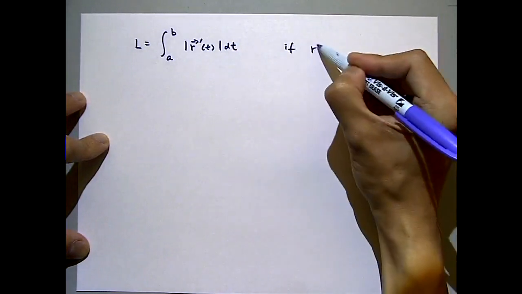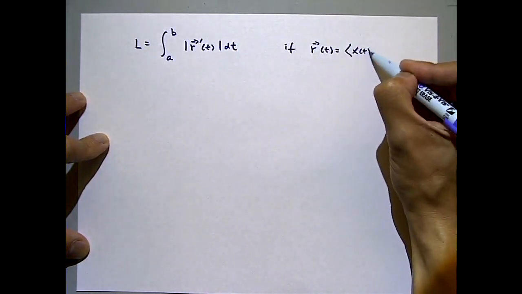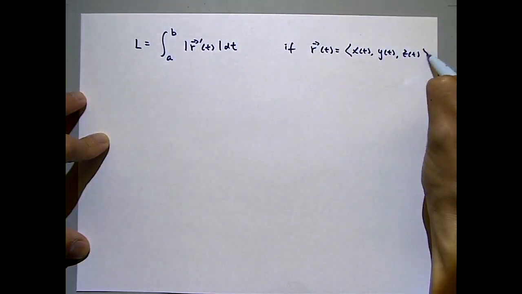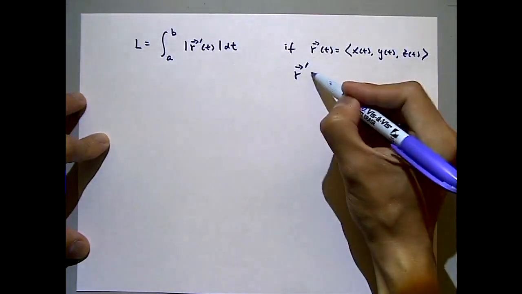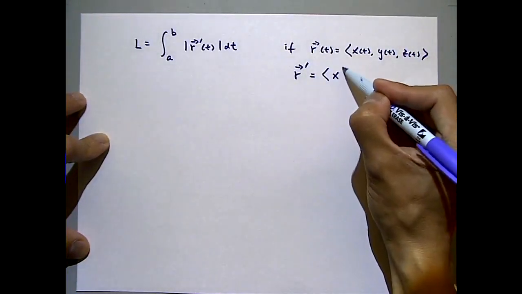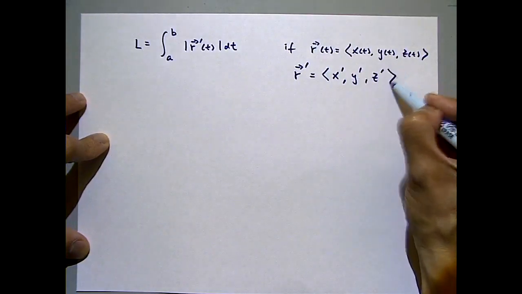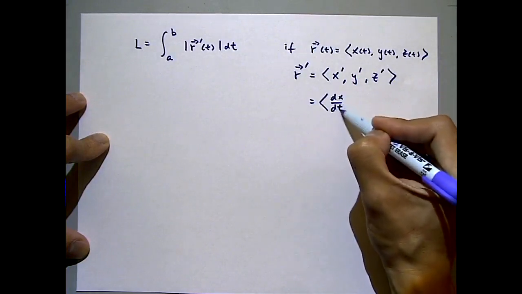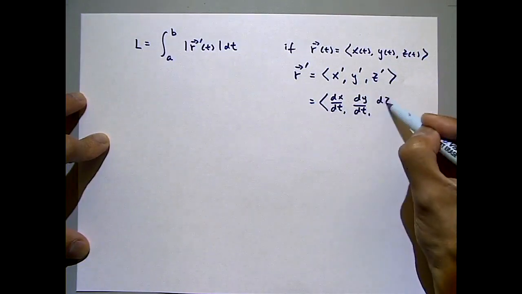Now if r of t is x of t, y of t, and z of t, like we had earlier, r prime, of course, is x prime, y prime, z prime, or dx/dt, dy/dt, dz/dt.